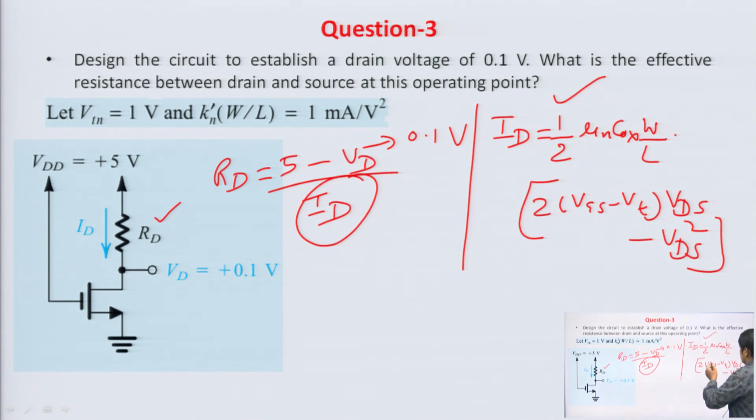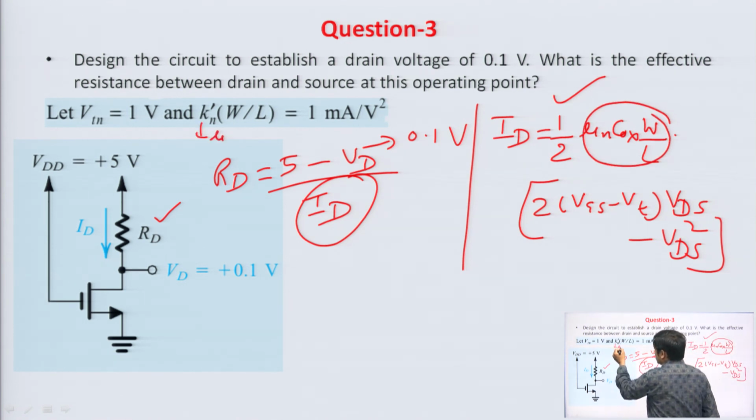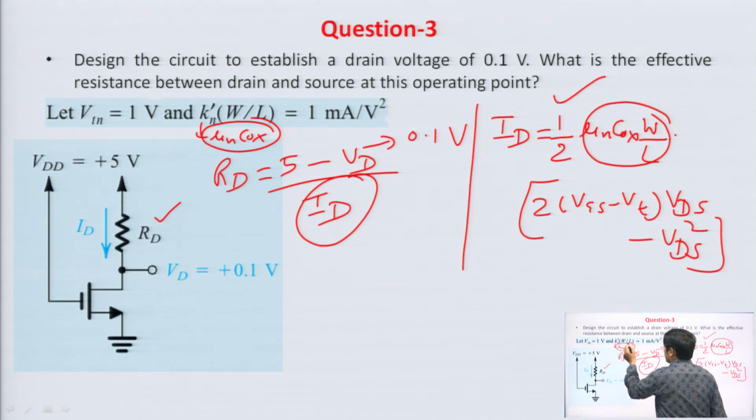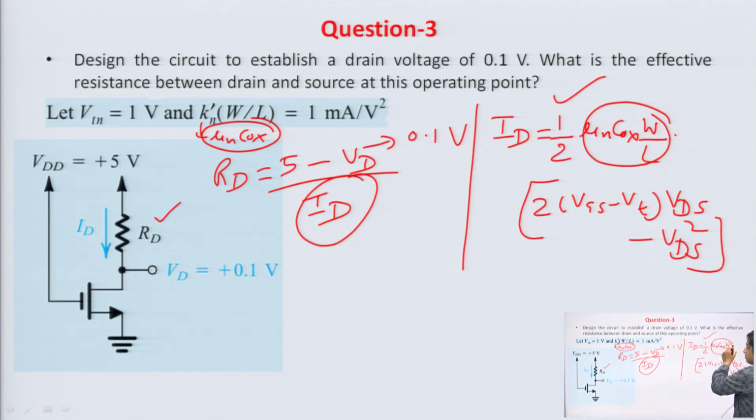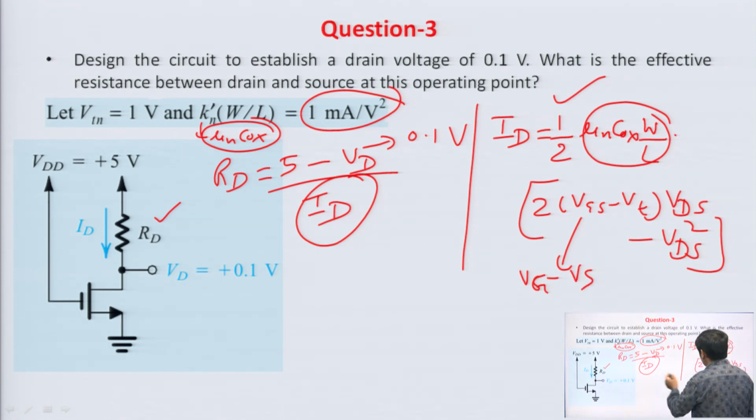Now, see, mu n Cox into W by L is given. Actually, this k n dash is your mu n into Cox, fine. So, mu n Cox W by L is given, that is 1 milliampere per volt square, and your Vgs is also given. Vgs can be written as Vg minus Vs, and the gate is connected to plus 5 volt.